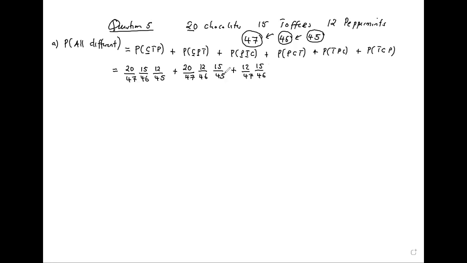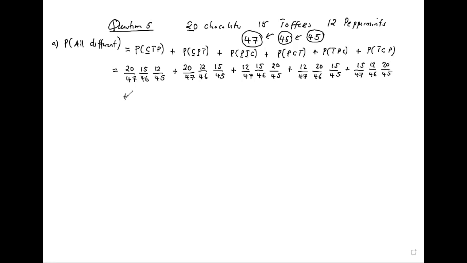The denominators won't change. Then peppermint 12 out of 47, chocolate 20 out of 46, toffees 15 out of 45. Last, toffees 15 out of 47, 12 out of 46, and 20 out of 45. Plus toffees 15 out of 47, 20 out of 46, and 12 out of 45.